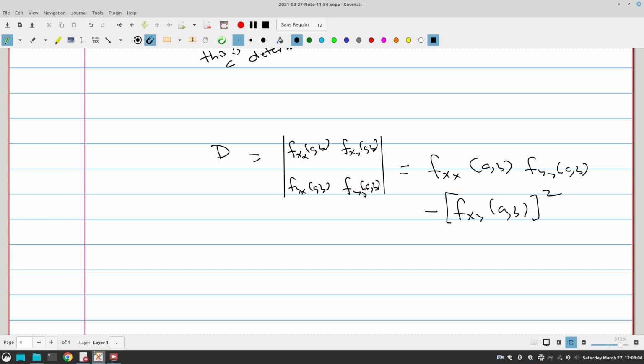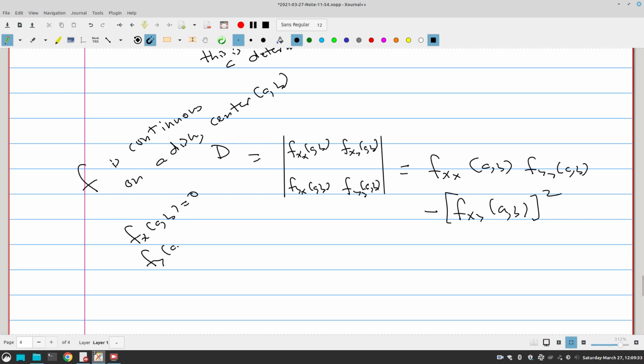Now the second derivative test, according to theorem 3, f has to be continuous on a disk with center (a, b). And of course, f_x at (a, b) is 0, f_y at (a, b) is 0, and then we define the Hessian matrix.